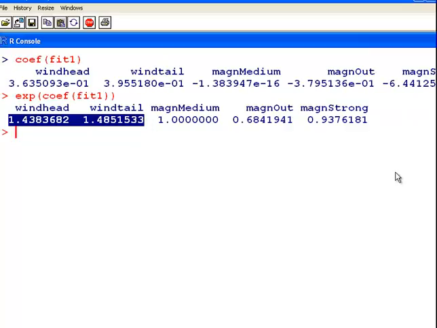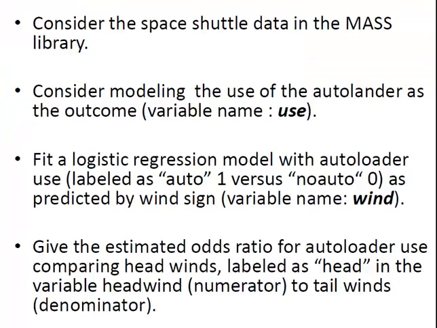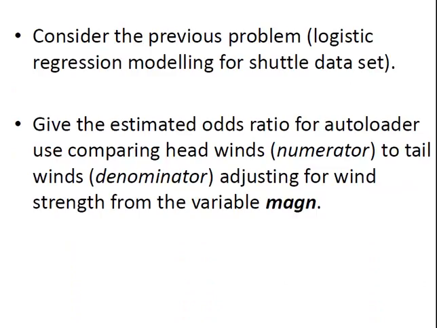Now in the question, that's the first question. Let's go back to the second question. Give the estimated odds for the autolander when using headwinds numerator to tailwinds denominator.